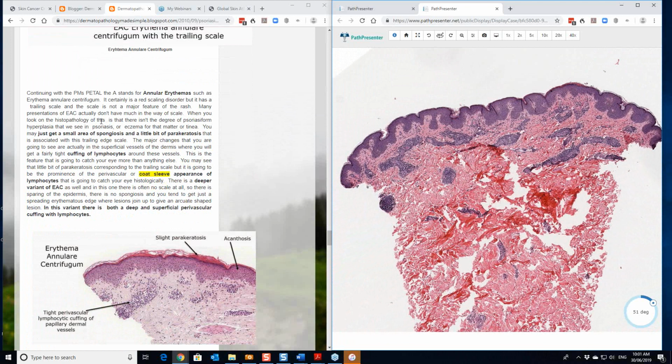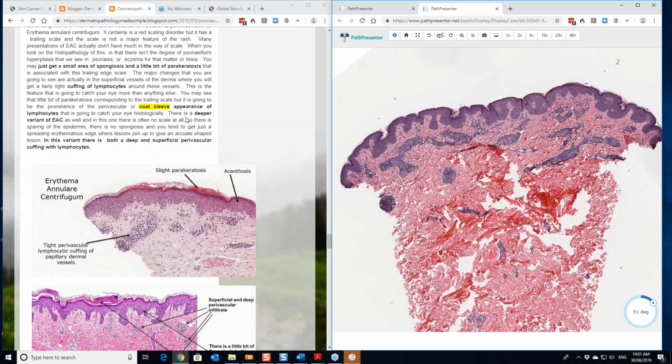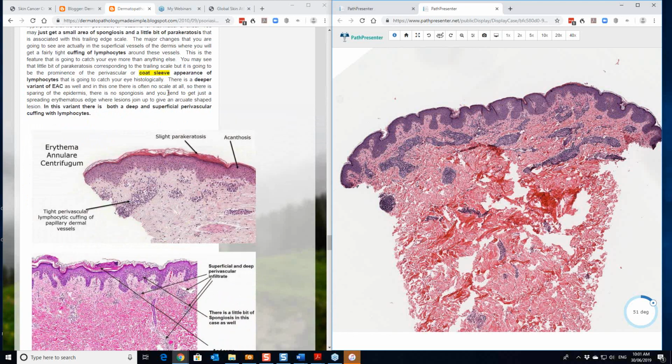Many cases of EAC don't have much in the way of scale. You may just get a small area of spongiosis and a little bit of parakeratosis there with that trailing edge. We call this collection of lymphocytes a coat sleeve appearance. And we've said there's a deeper non-scaling variant, and what it has is a superficial and deep perivascular infiltrate.